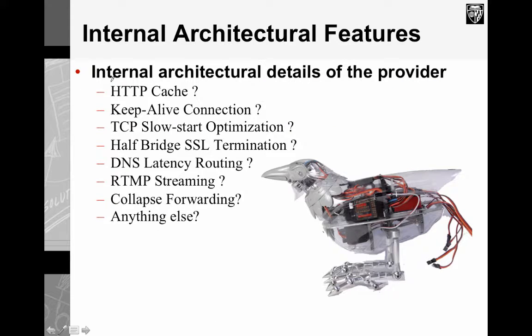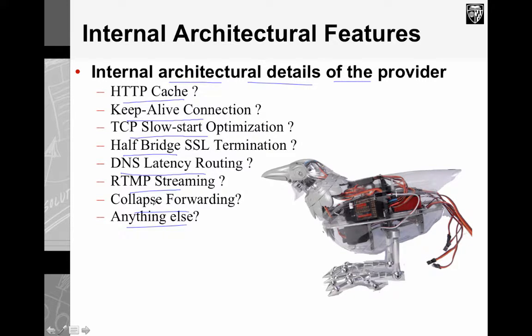CDN is quite a complicated beast, although it looks simple. There's a lot of internal architectural detail that the provider maintains in order to serve the content fast and have your system available and scale. They use techniques like HTTP cache, keep-alive connection, TCP slow start optimization, half bridge versus full bridge SSL termination, DNS latency routing, RTMP streaming, collapse forwarding, and all kinds of new technologies, new ideas maybe.